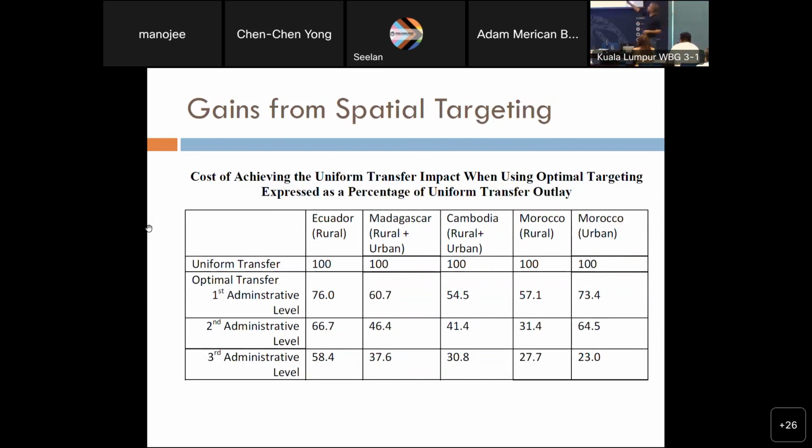They do this exercise in 4 countries: Morocco, Cambodia, Madagascar, and Ecuador. Morocco is further split into urban and rural. So that uniform transfer of a certain amount generates a certain reduction in poverty. And now what they're going to do is, I'm going to keep the total amount the same.